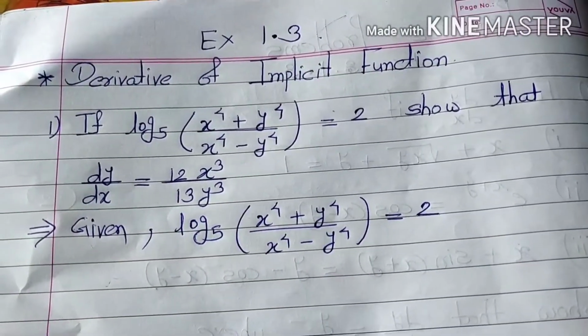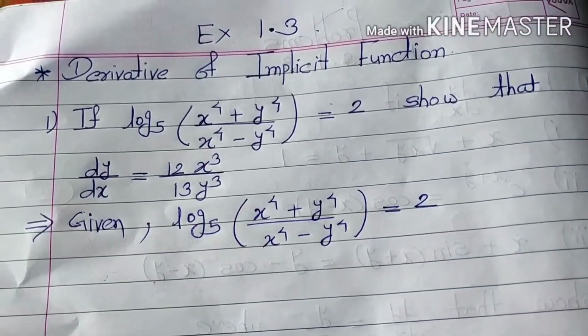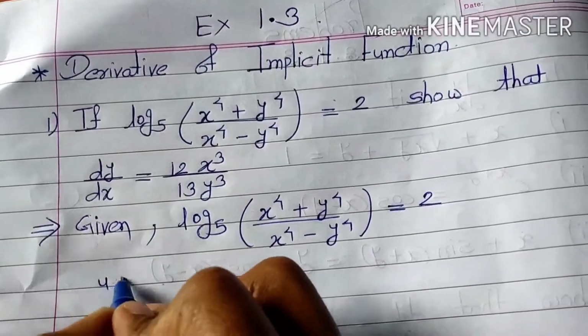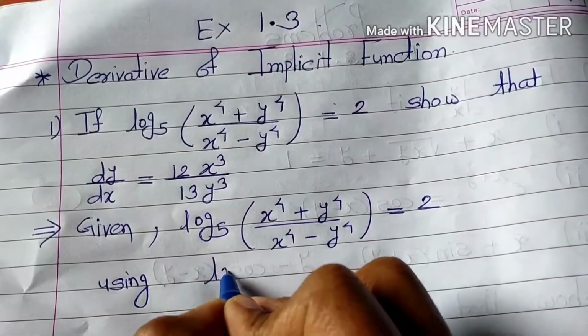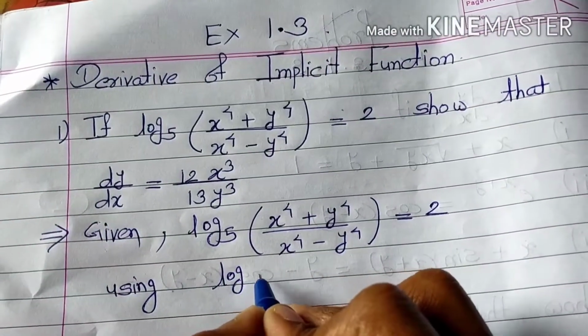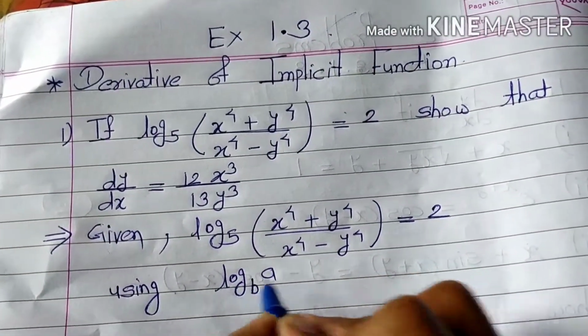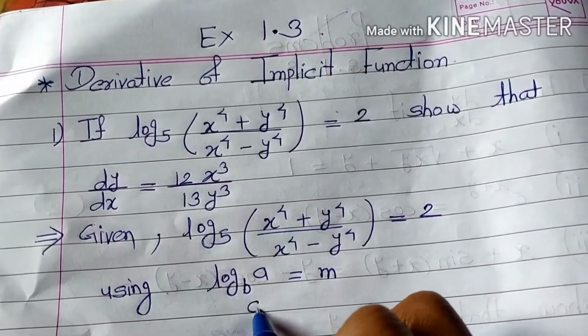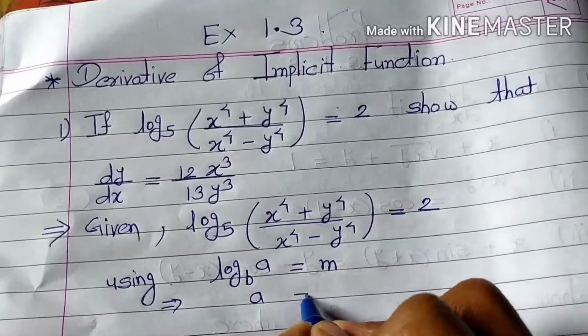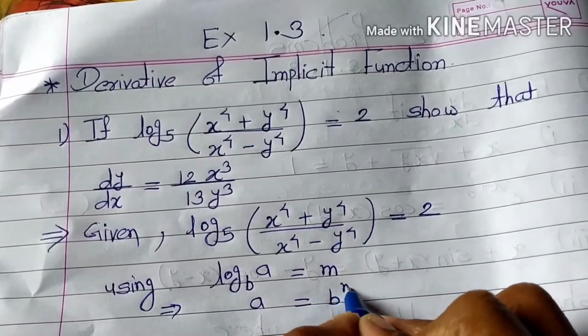Now we know the rules of logarithm: if log a base b is equal to m, then this implies that a is equal to b raised to m.